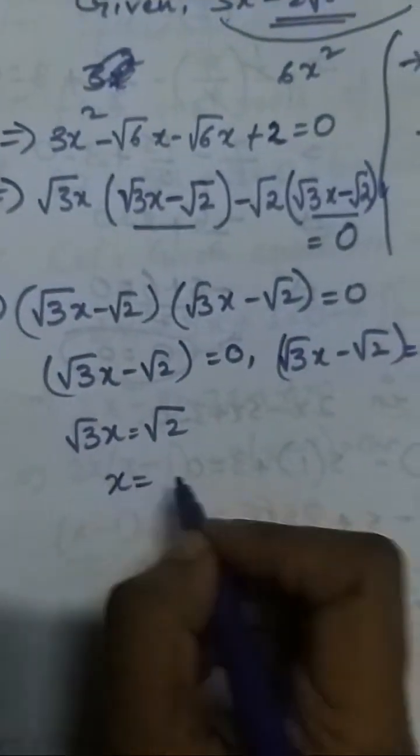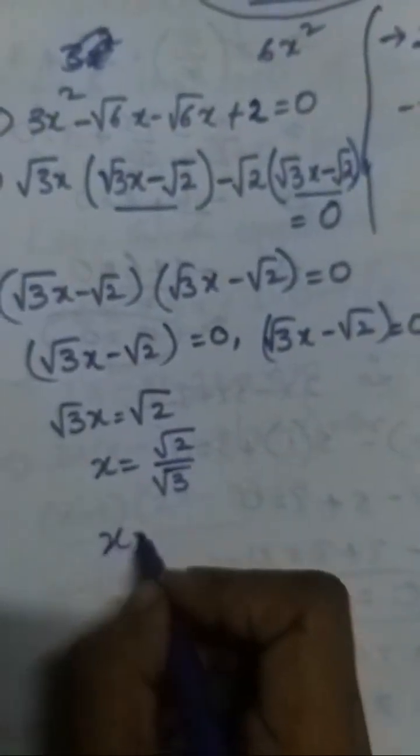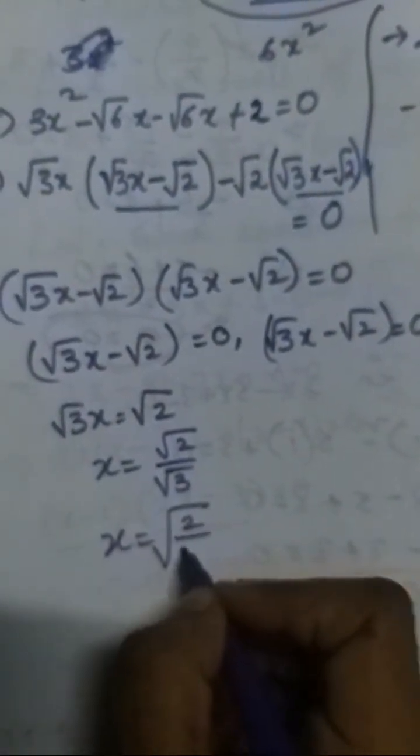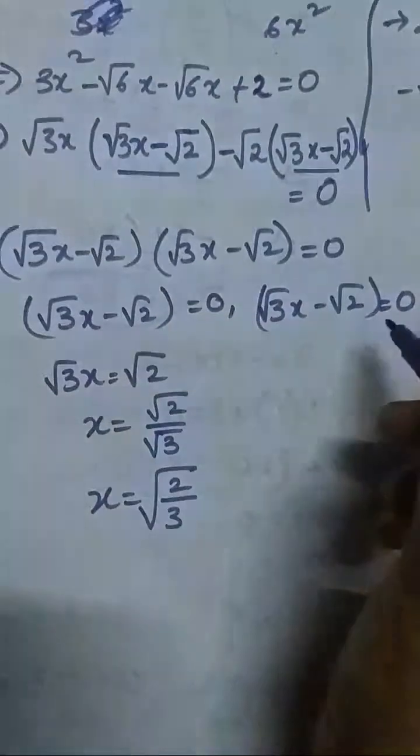Now x equal to how much? Root 2 by root 3. That is x equal to root 2 by root 3. Now again this is also the same, no?